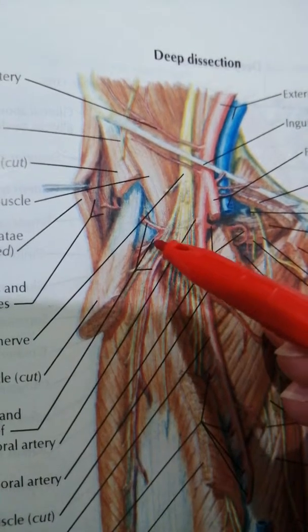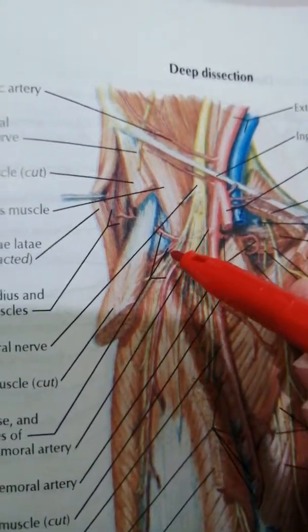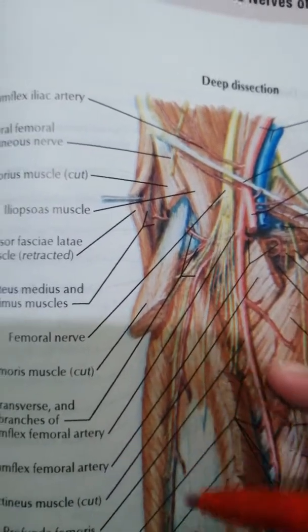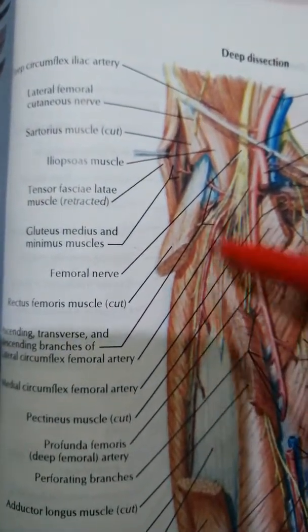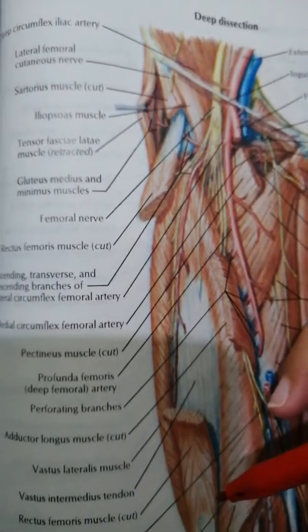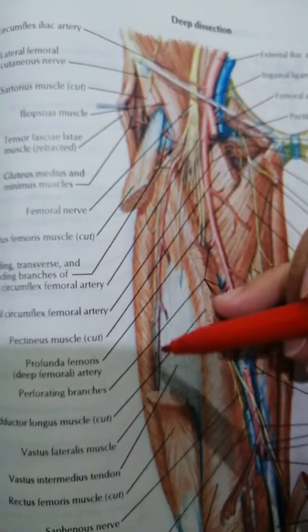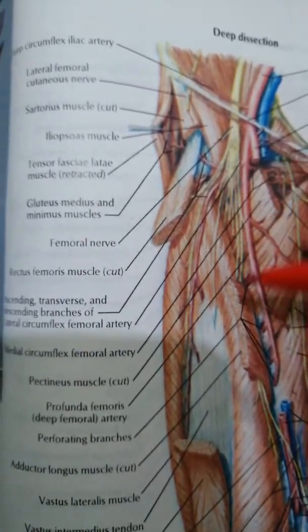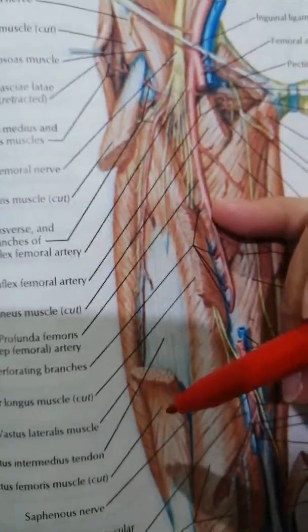We also have this transverse branch of sorts, and we have a descending branch. And if you see where the vastus lateralis is located, things will become clear to you. It's over here.